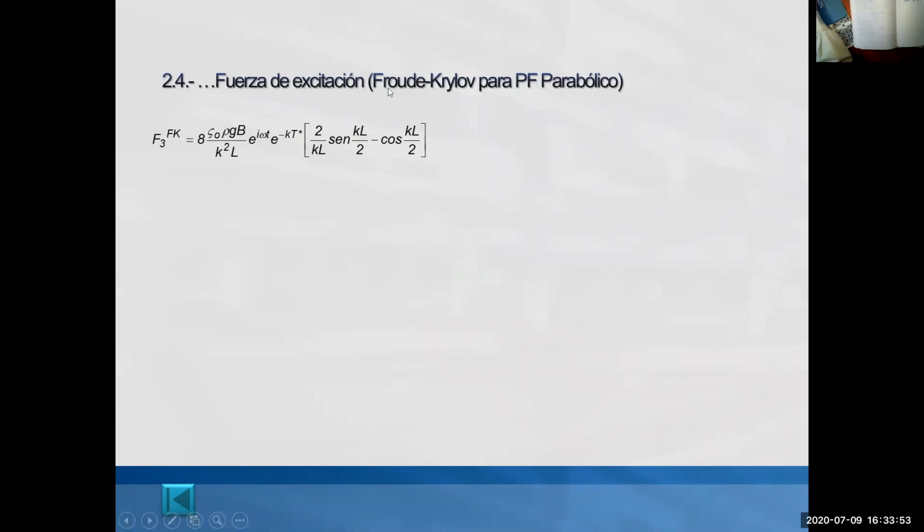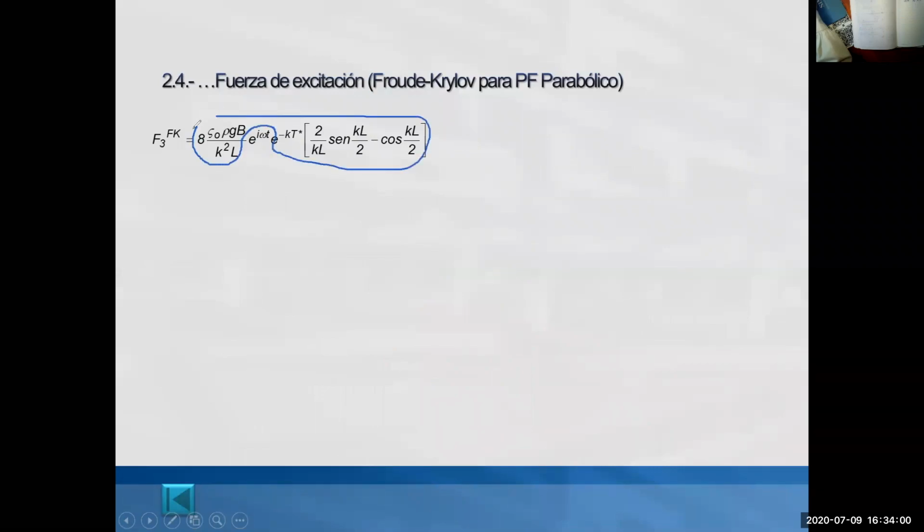Here. So you see that you have all of this, and you are having e to the I omega t. So all of this is like the amplitude of the flow of the Krylov. In this case, this amplitude is real. So you have to add that to the amplitude of the diffraction part. So all of this in blue, this is the amplitude times e to the I omega t.